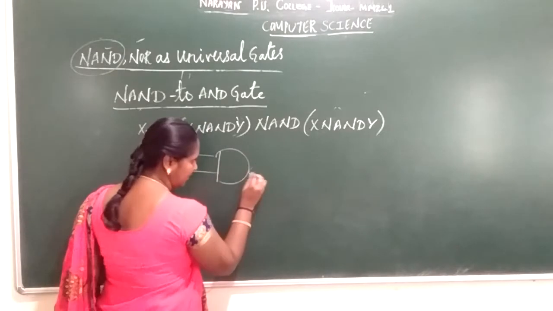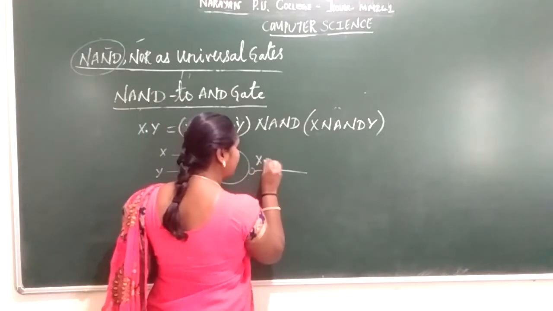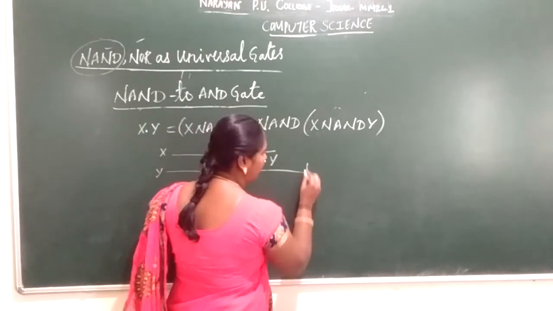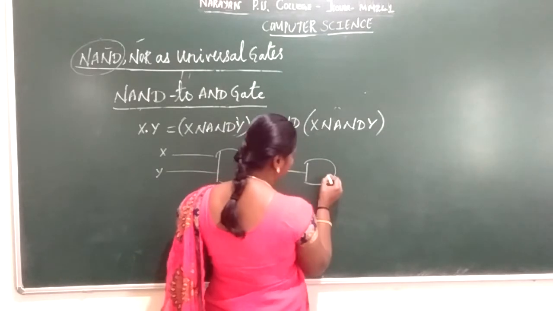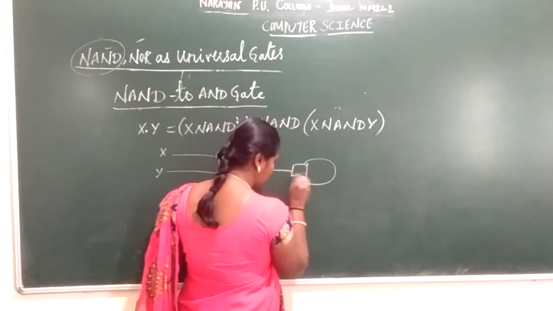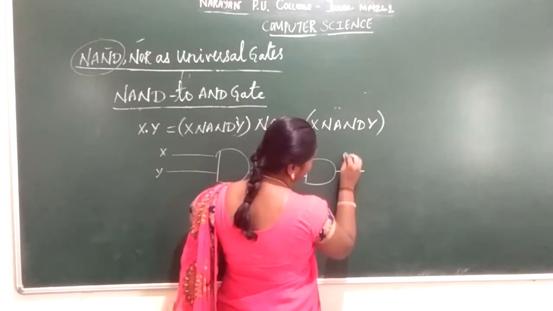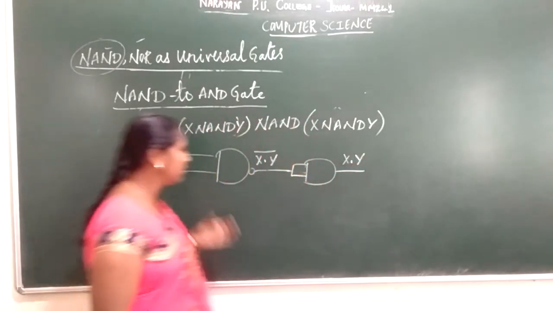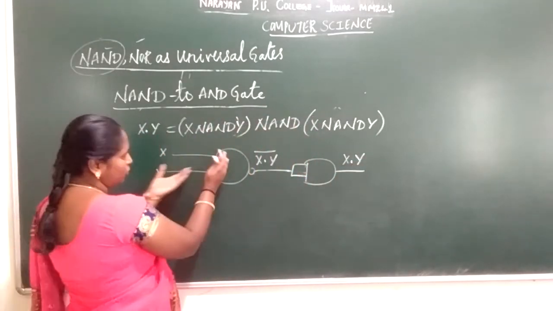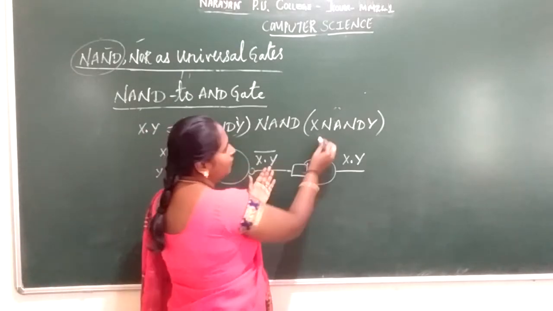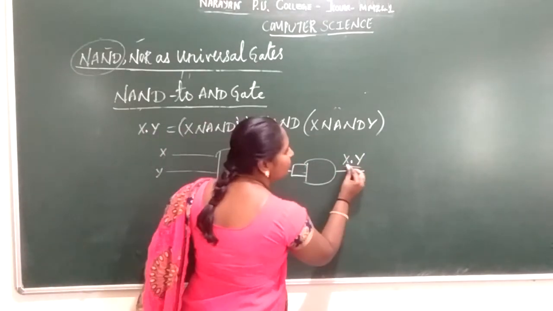I am using a NAND gate; my complementation is x y the whole bar. Again it should be NAND with x y, and the output will be x dot y.